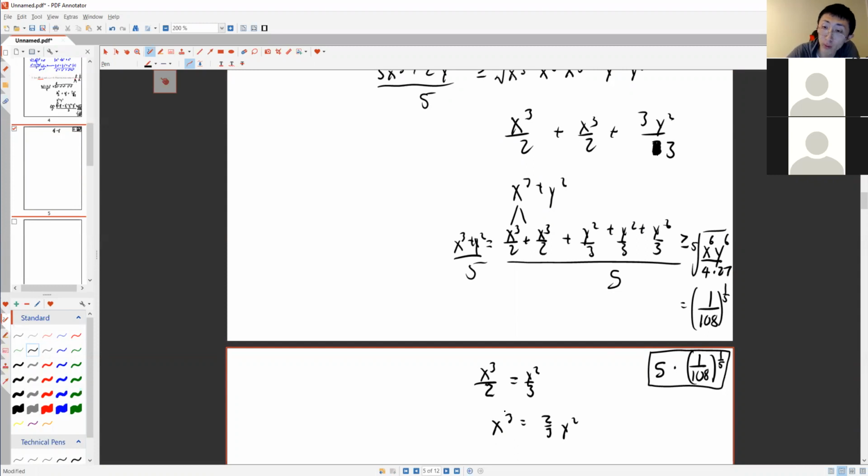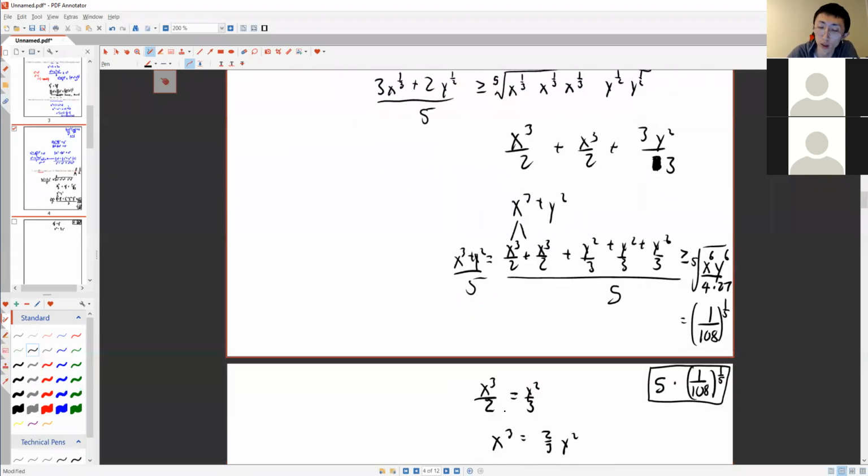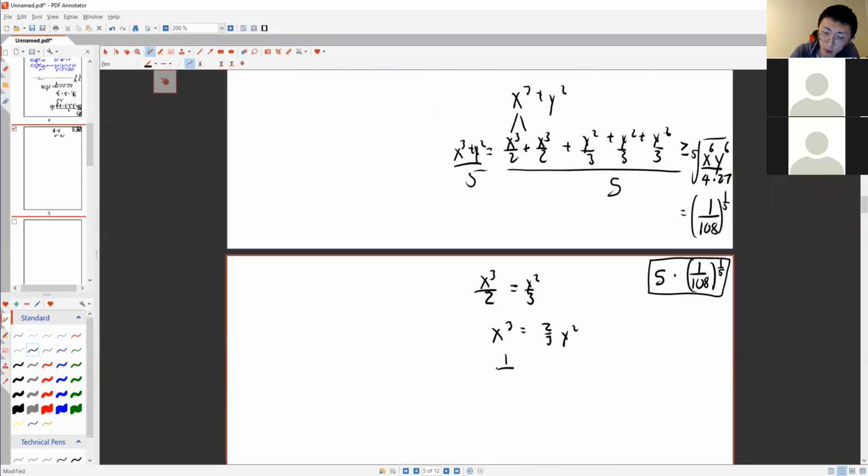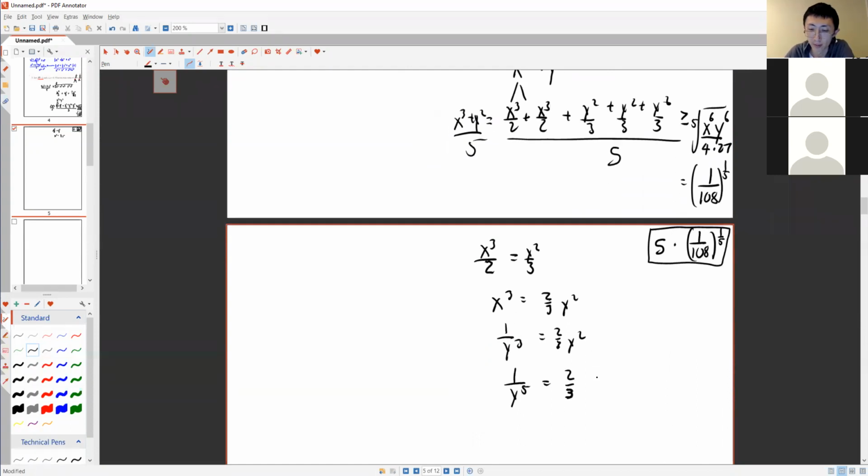So their product was 1, so let's see, this is 1 over y cubed equals 2/3 y squared. So yeah, there should be some y so that this is true. So yeah, I think equality can be achieved. Equality case. Okay, great.